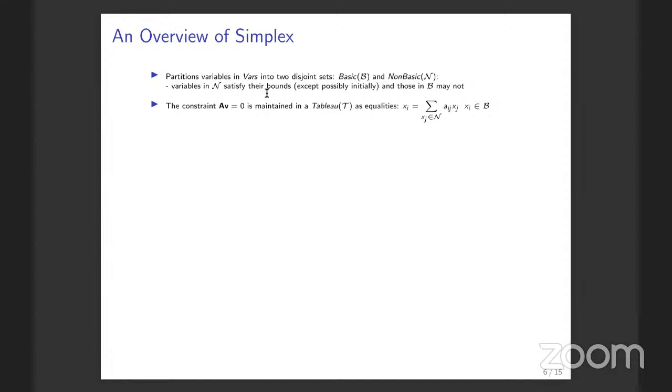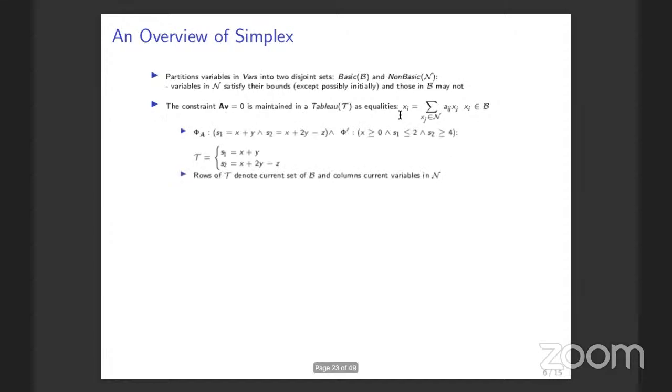In the original case, we had the program variables and the additional variables that were introduced. Here, this is a different partitioning. In the tableau, what we include in the basic variables could be both additional or original program variables, and so is non-basic, and they change during the course of execution of the simplex procedure. So here is an example.